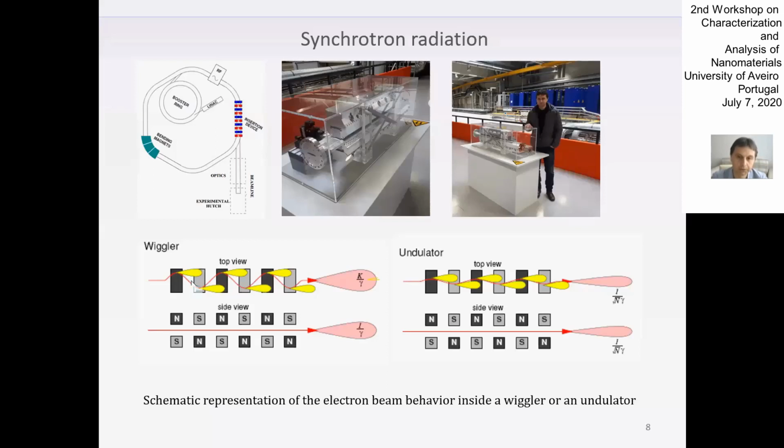A wiggler gives a solid spectrum of emission, and an undulator, because of interference, gives us a discrete spectrum.